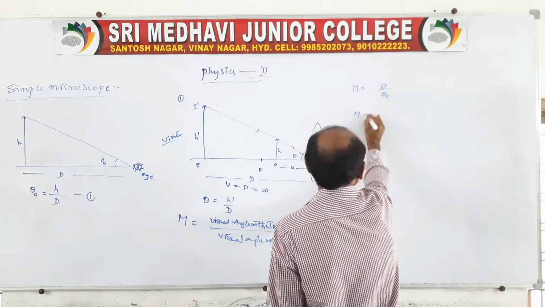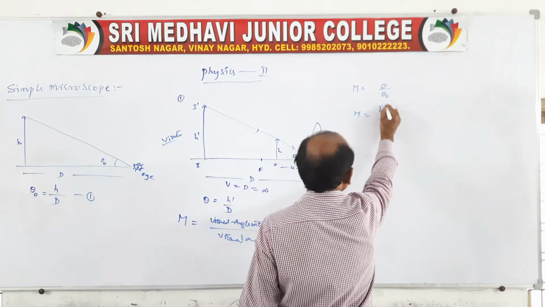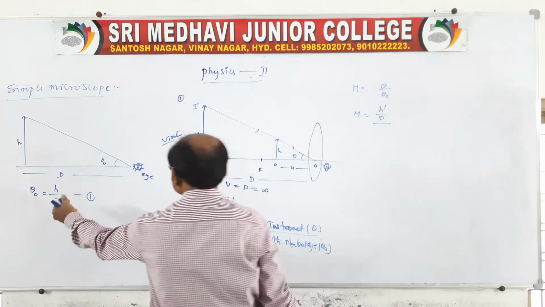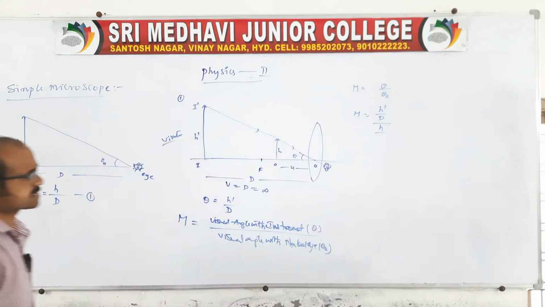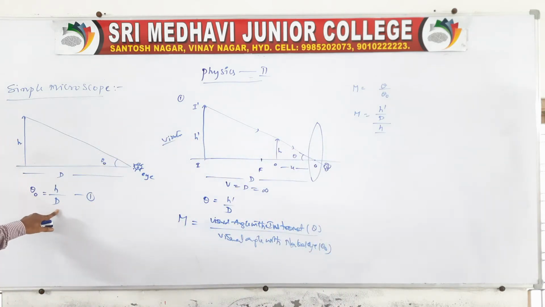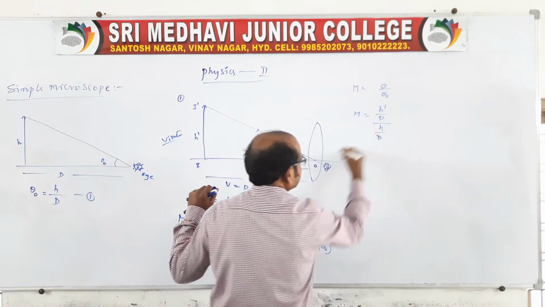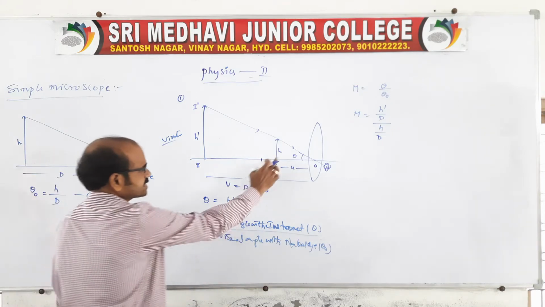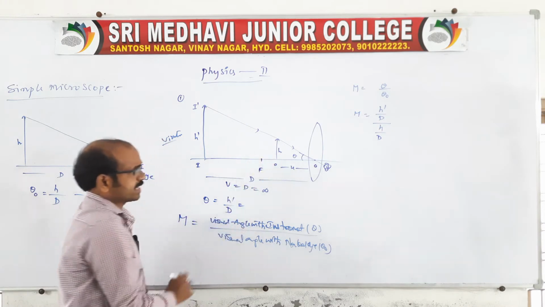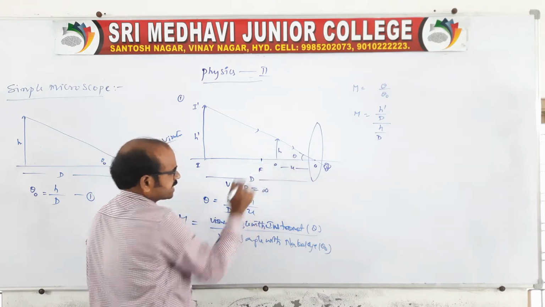So capital M is equal to theta, which will be h dash by d, by theta naught, which is nothing but h by d, the object distance. Here I'll tell you one more thing: we can also take it as h by the object distance, because it's making the same angle.